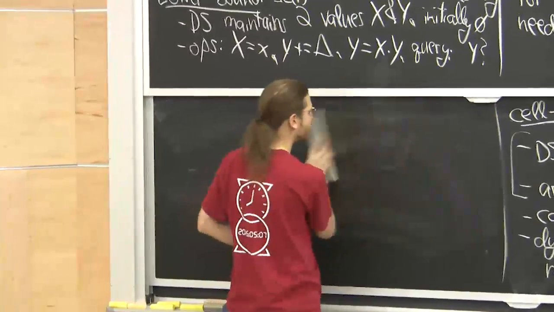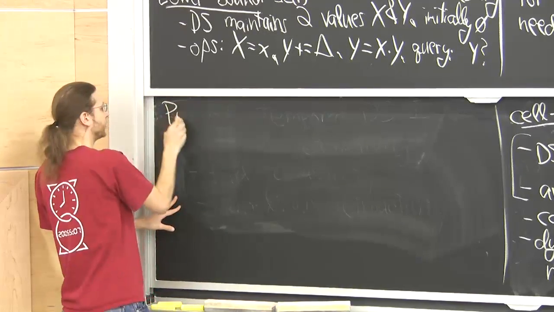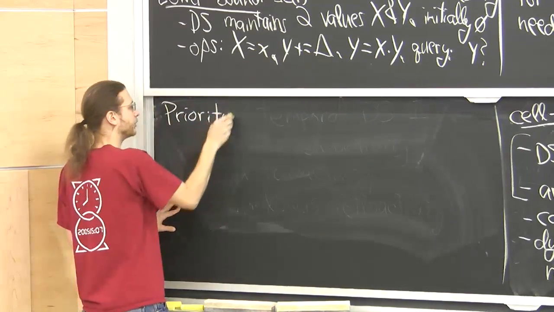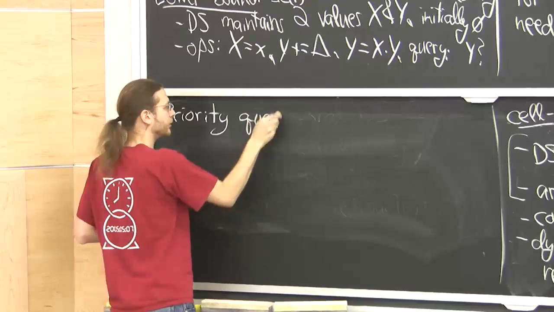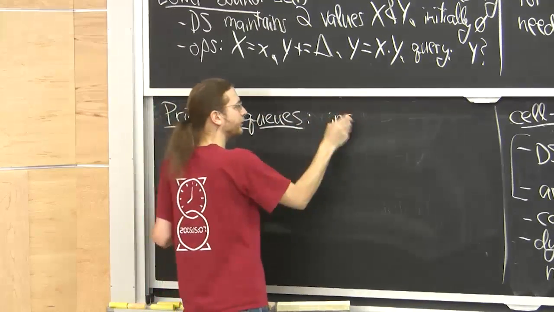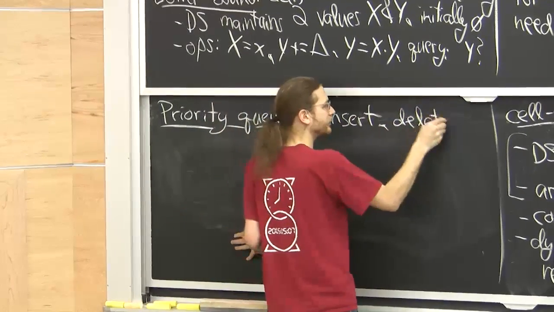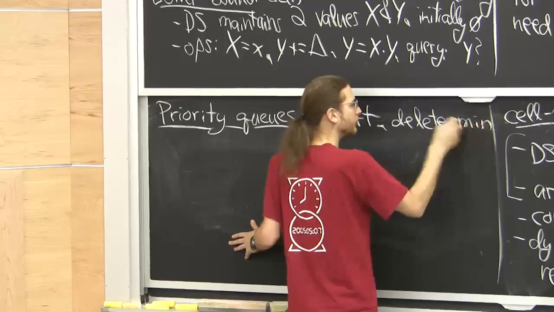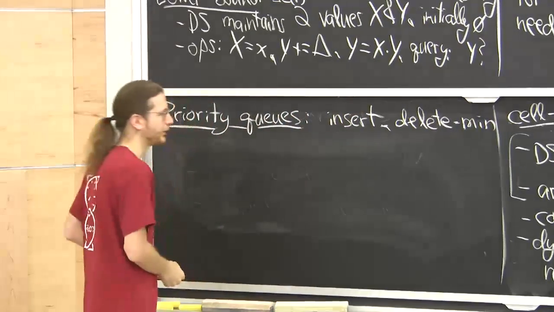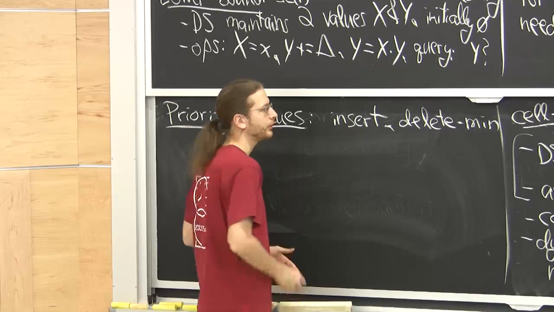priority queues, the example I showed at the very beginning. In a priority queue, I'm going to think about two operations, insert and delete-min. This is interesting because delete-min depends on what the current state is.